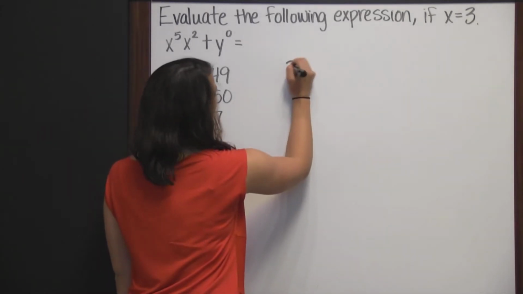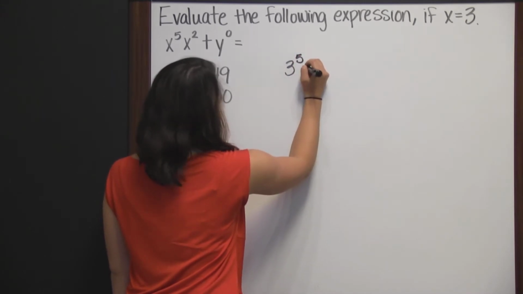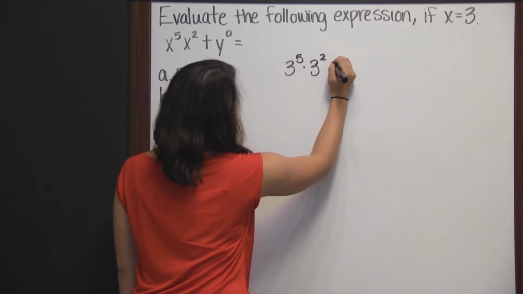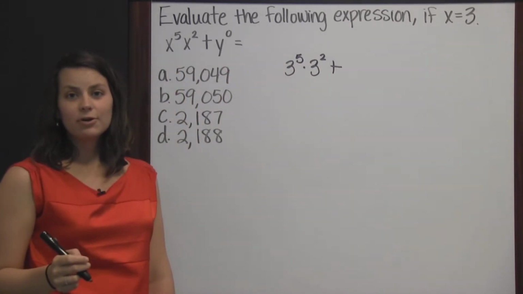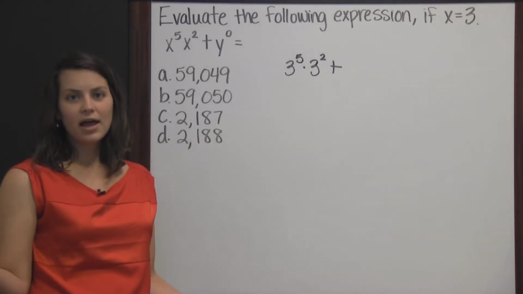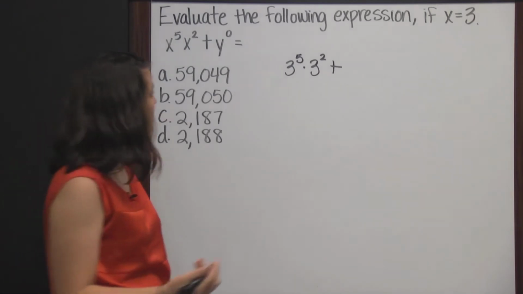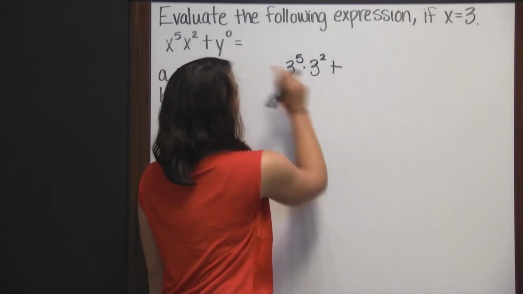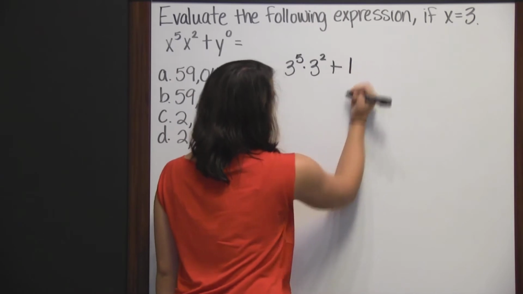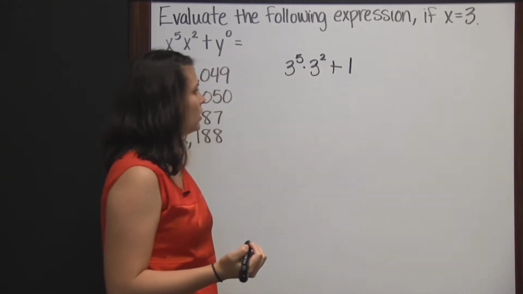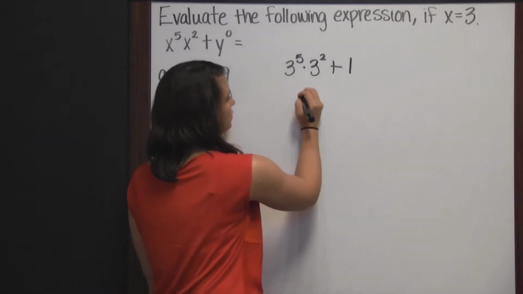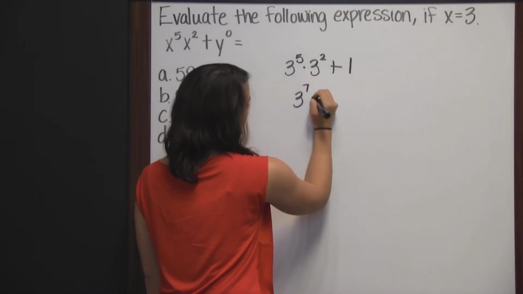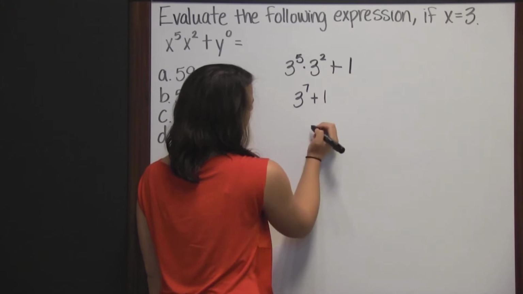So we have 3 to the 5th times 3 squared plus, anything raised to the 0 power, x, y, 10, 15, anything raised to the 0 power is 1. So that's plus 1. 3 to the 5th times 3 squared is really 3 to the 7th power plus 1.